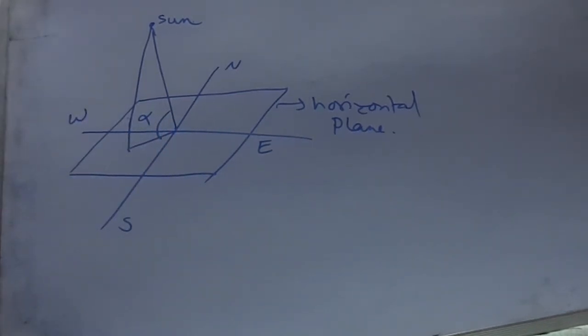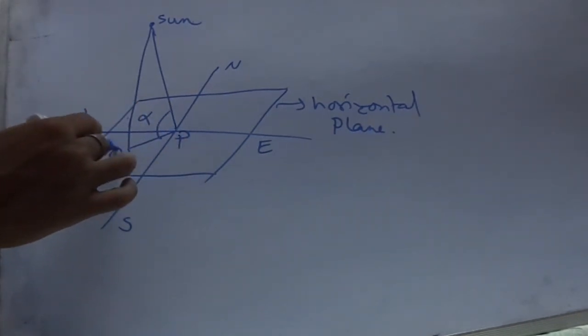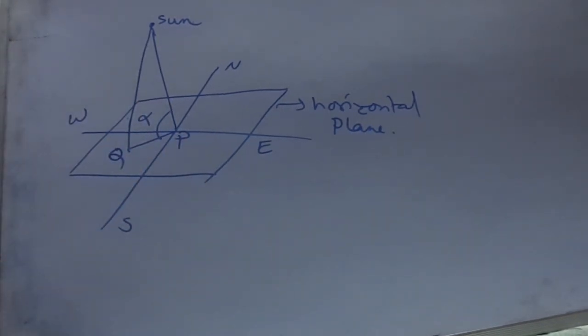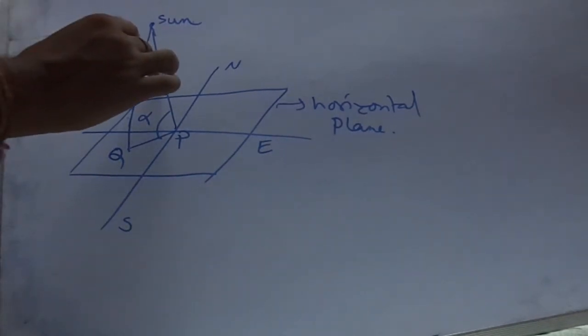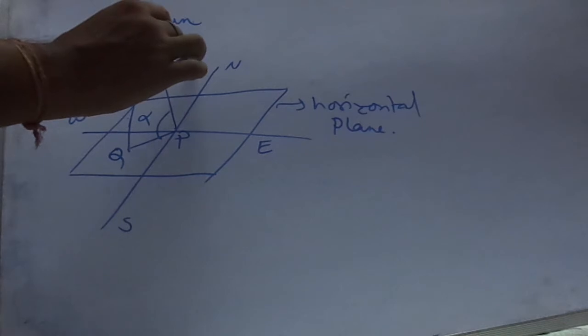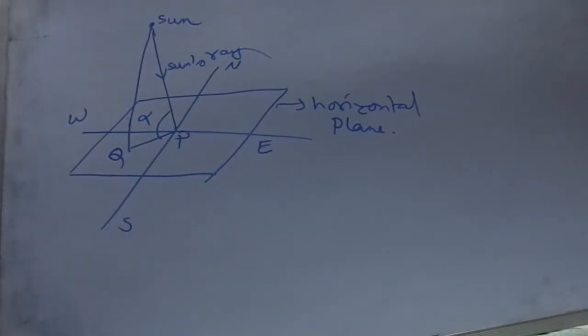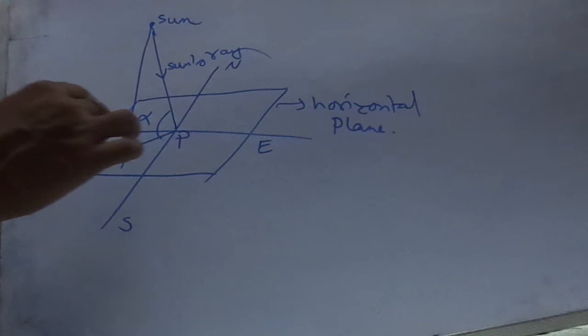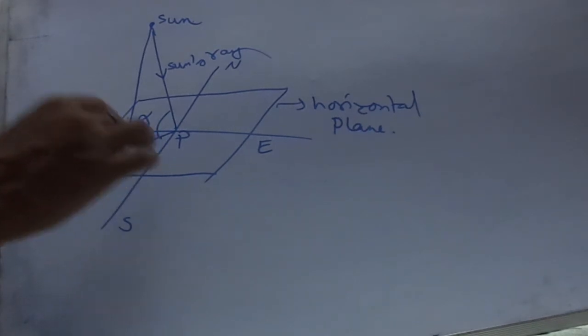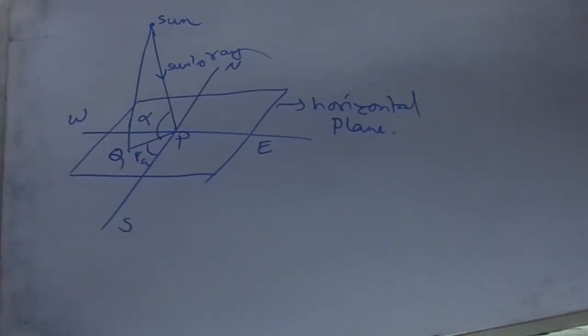That is the point P, and this one is Q. That is the sun's ray, and that is the alpha. This one is the gamma s.